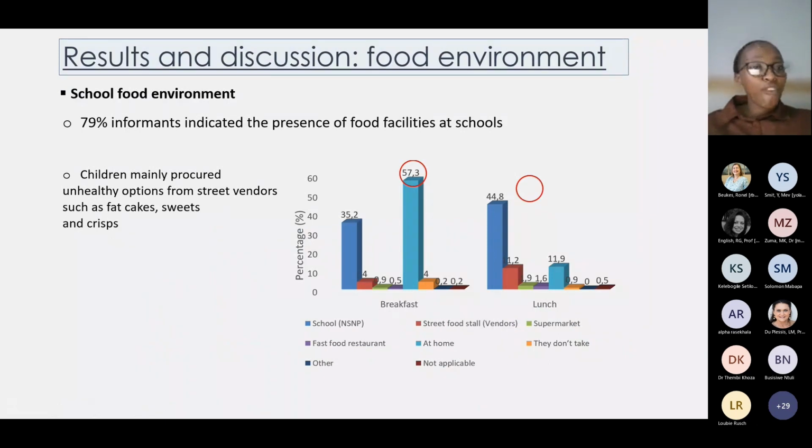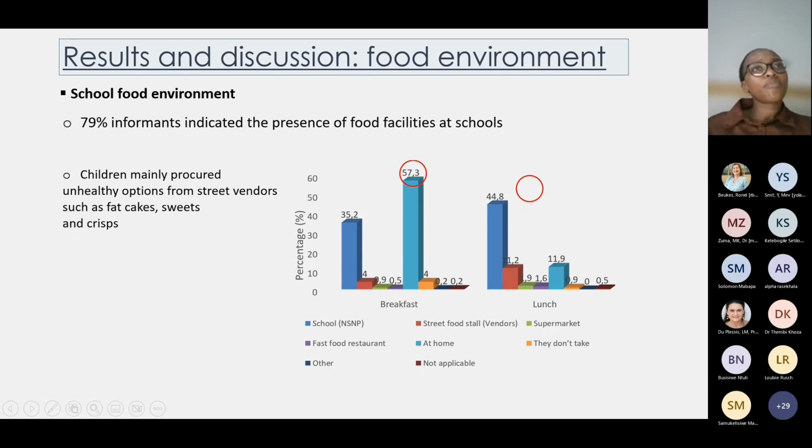On the school food environment, we can see that only more than half, 57.3% of the children, had their breakfast at home. And when it comes to lunch, almost half, 44.8%, had their lunch at home.